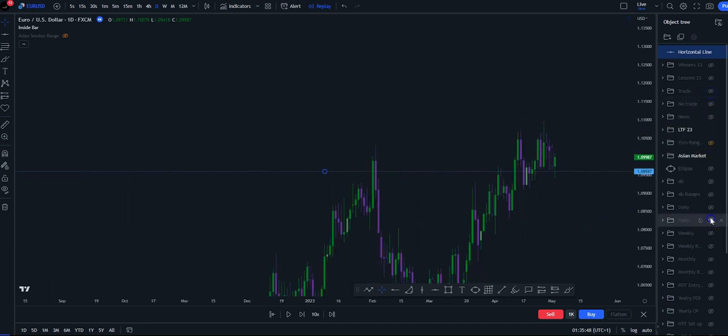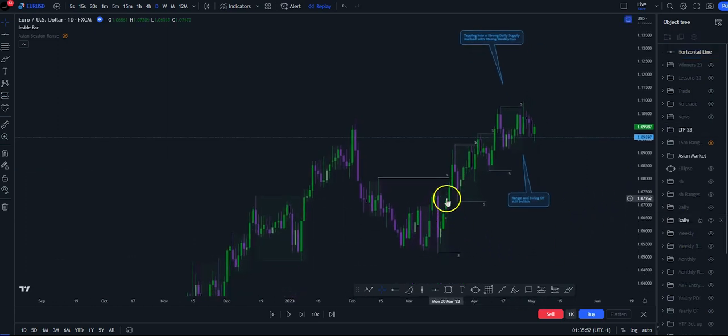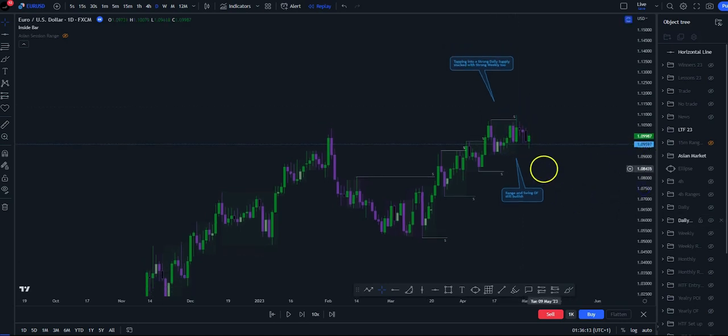So on the daily, we're just seeing nice demand range order flow with demand swing structure order flow. So the lows are holding, creating new highs, low is holding, creating a new high, low is holding, creating a new high, and yeah, we're going to be happy to continue this trend long until proven otherwise.